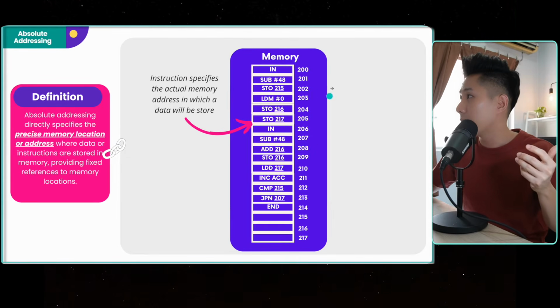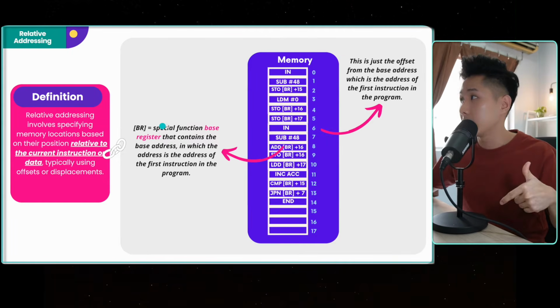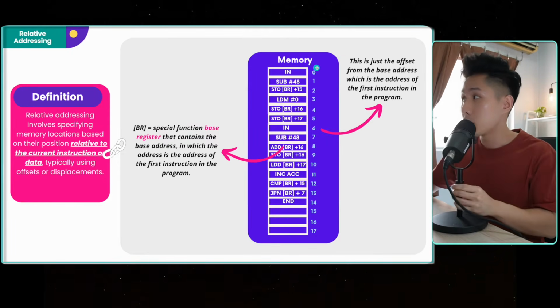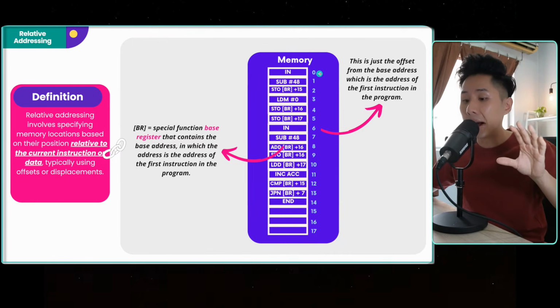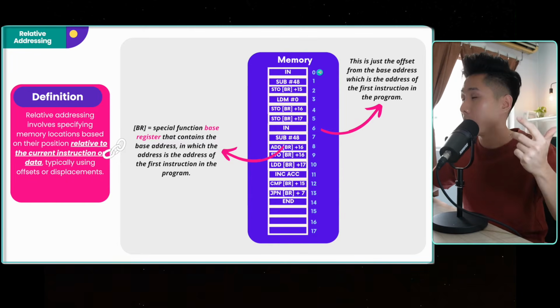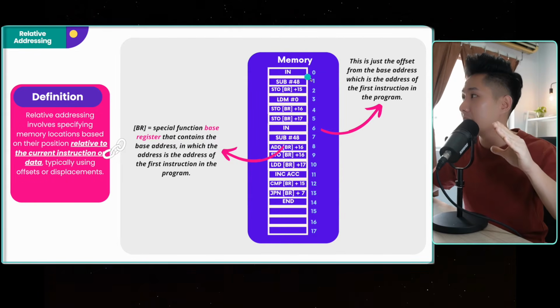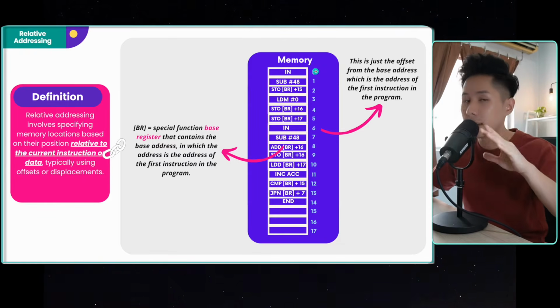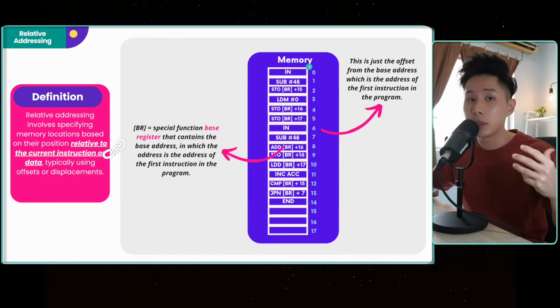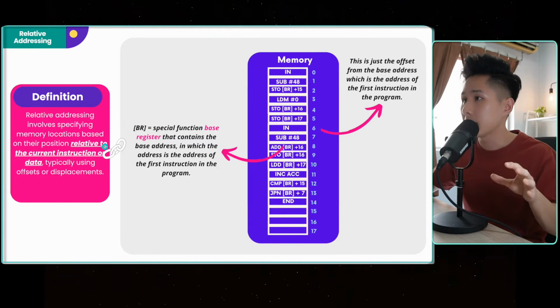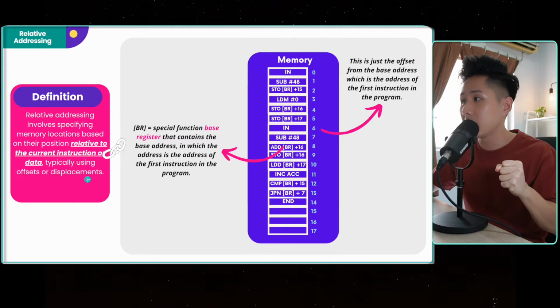So look, before this, in absolute addressing, we're referring to the absolute address. But in relative addressing, it assumes that the program will start its address at 0, which is actually not the case, but it just makes the programmer assume that every instruction will start from 0. It's like a layer of abstraction so that the programmer doesn't have to remember the exact memory location. It specifies memory location based on its position relative to the current instruction or data, typically using an offset or displacement.